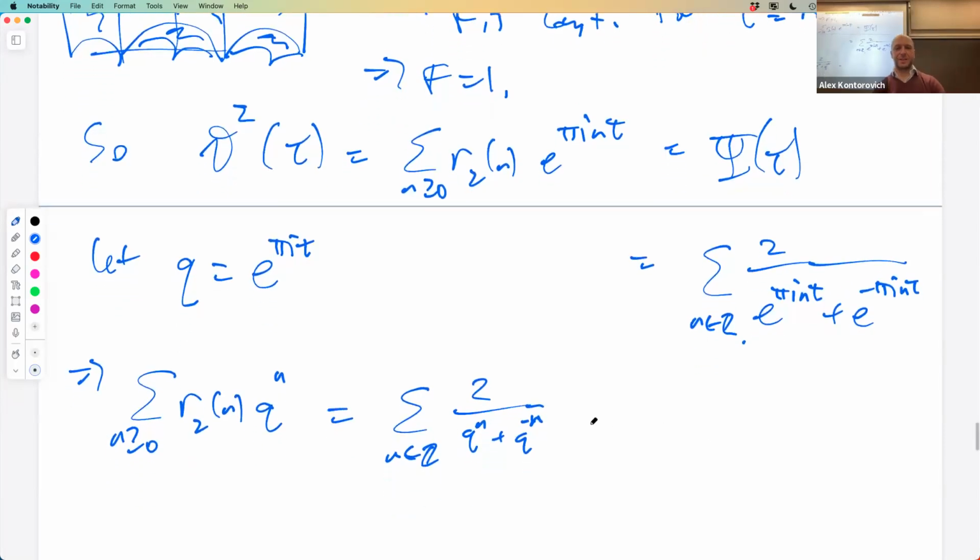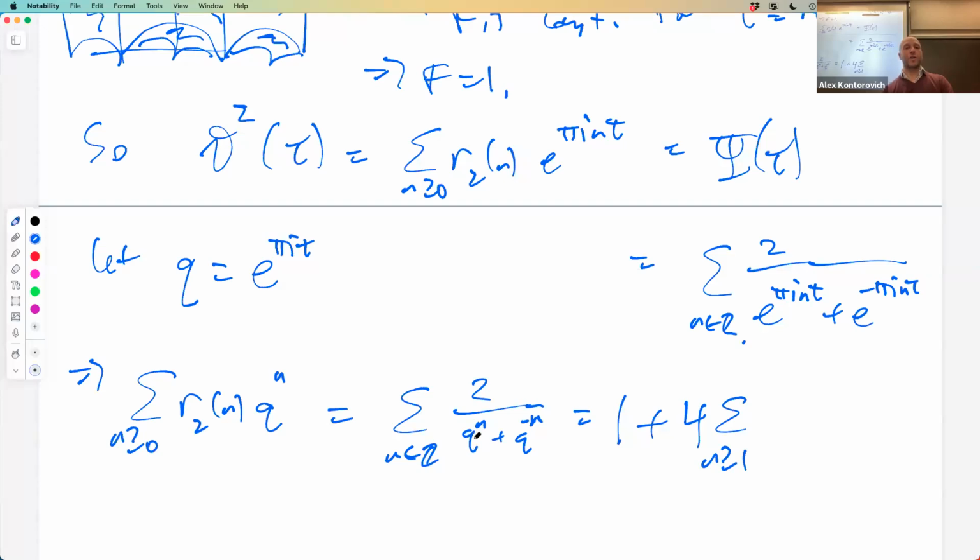Now let's manipulate this a little bit. Let's take out the term n equals 0. When n equals 0, I get 2 over 2, and 2 over 2 is 1. And then there's an evenness, so we get a factor of 4 instead of a 2, and then n greater than or equal to 1.